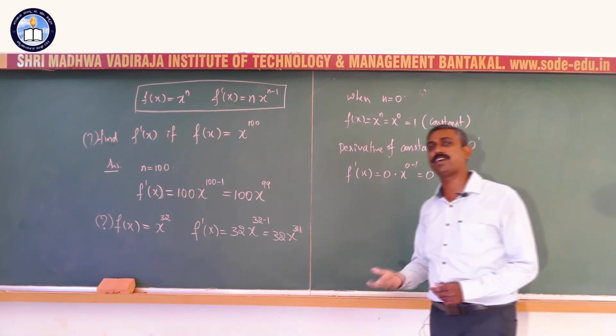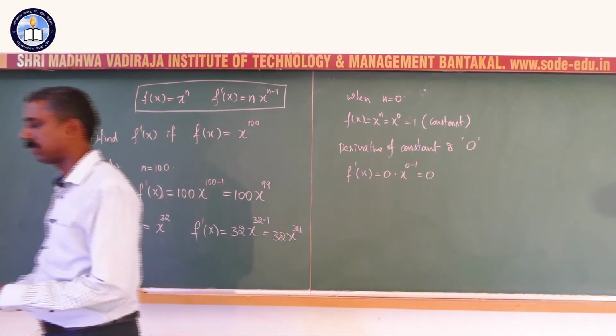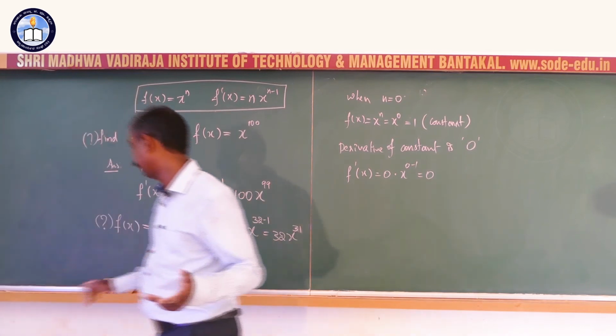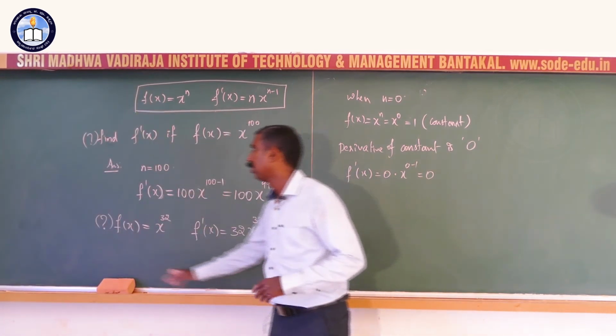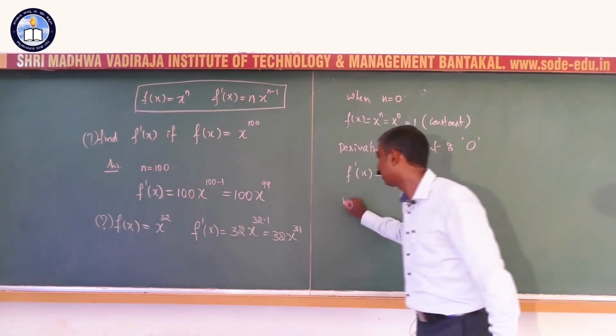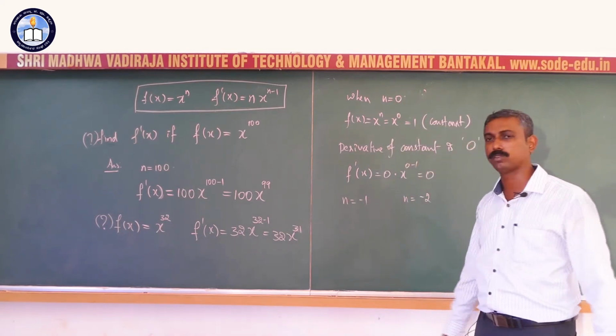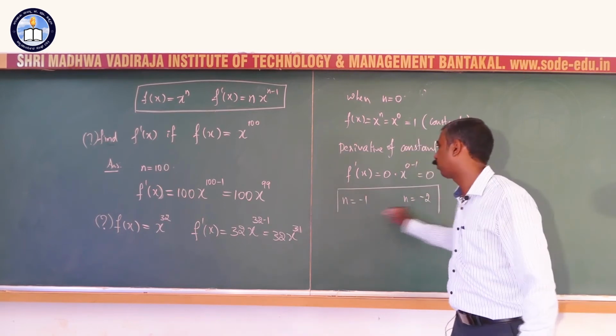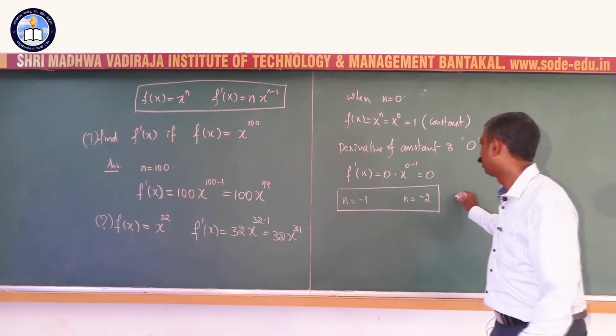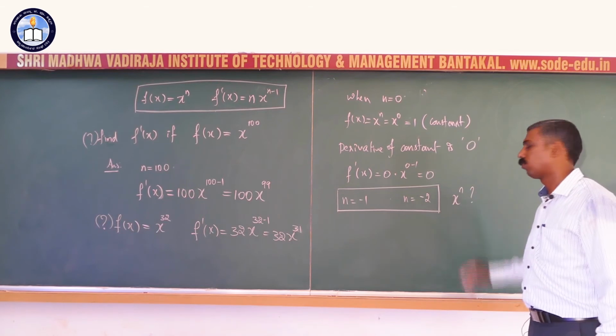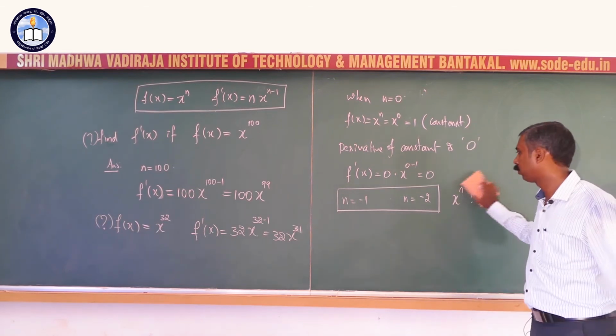Now, I will verify this for some negative integers. Negative integers will be like when n is equal to minus 1, n is equal to minus 2. So, what happens when n is equal to minus 1 and minus 2, x to the power n, what is the derivative? Okay.